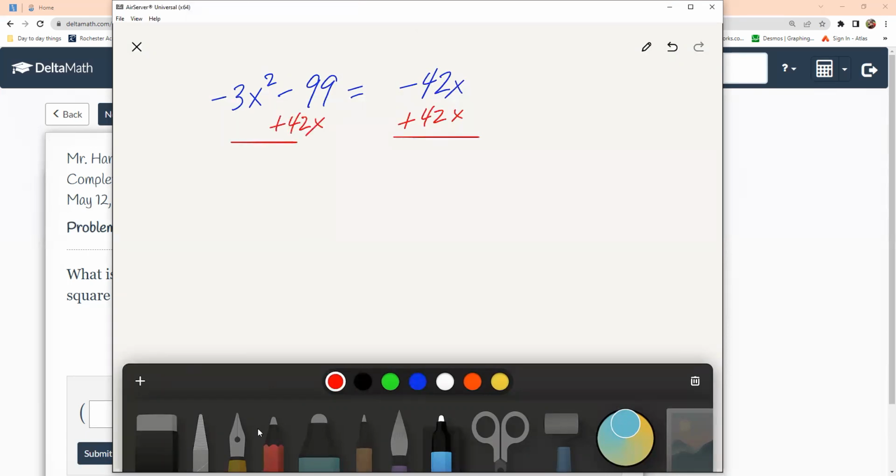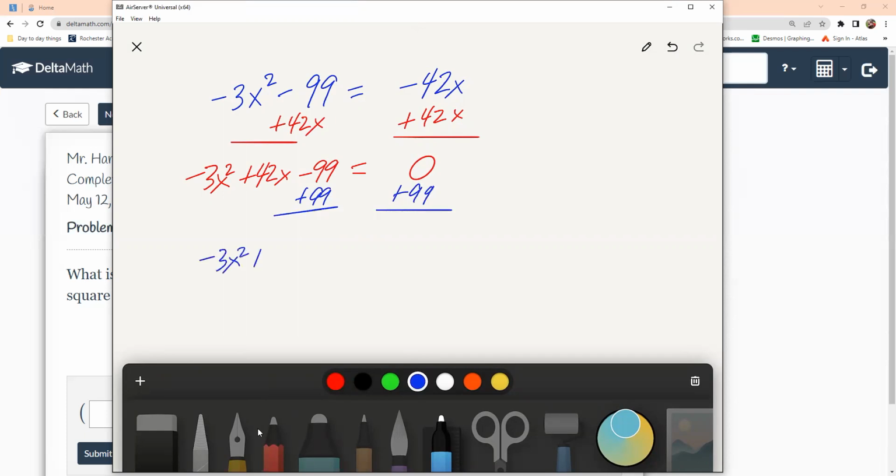When we combine this, it's going to be a negative 3x squared plus 42x minus 99 equals 0. Then I'm going to move the minus 99 to the other side by adding 99 to both sides. So this is going to be a negative 3x squared plus 42x equals 99.